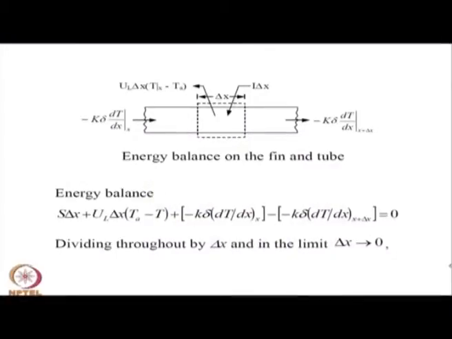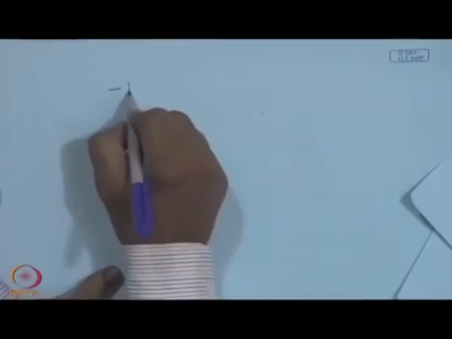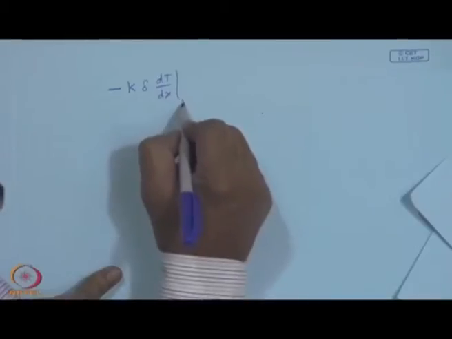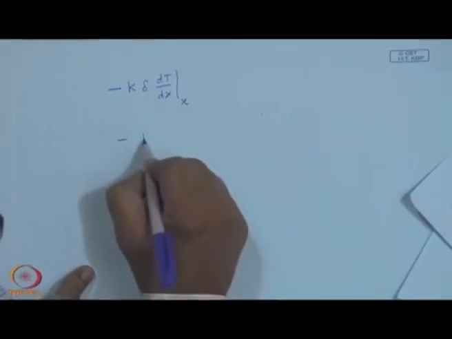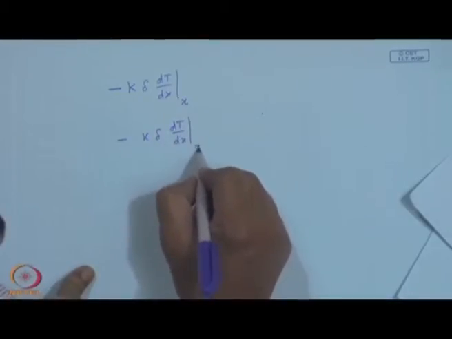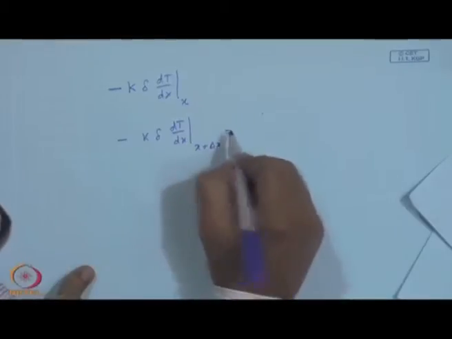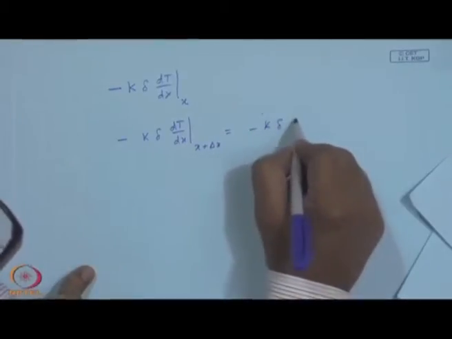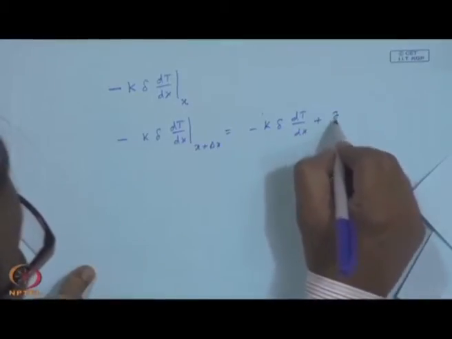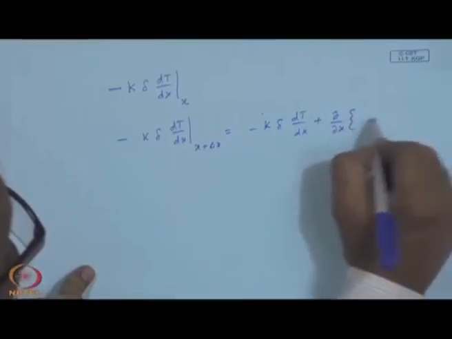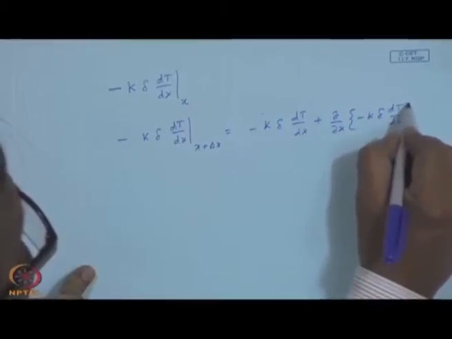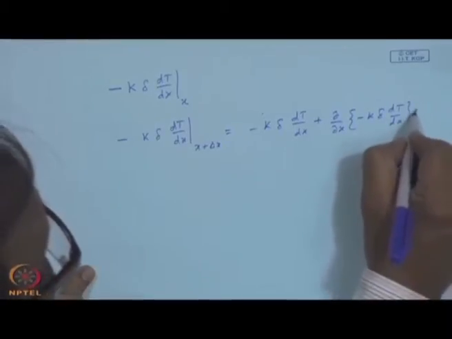They do not appear at the same time. So, we have set up that a conduction heat transfer of minus k delta dT dx enters at x and leaves at x plus delta x, which is nothing but minus k delta dT dx plus d by dx of minus k delta dT dx multiplied by delta x.